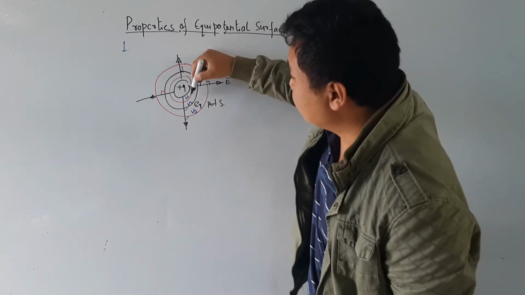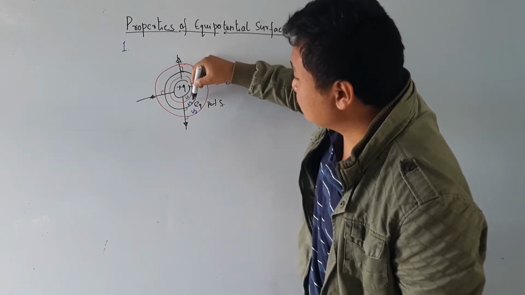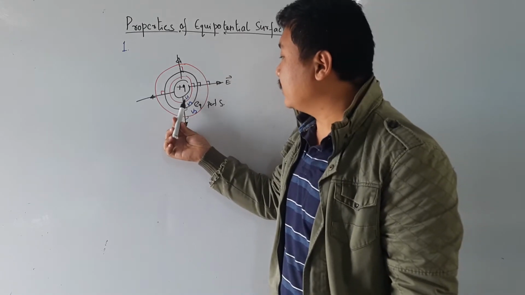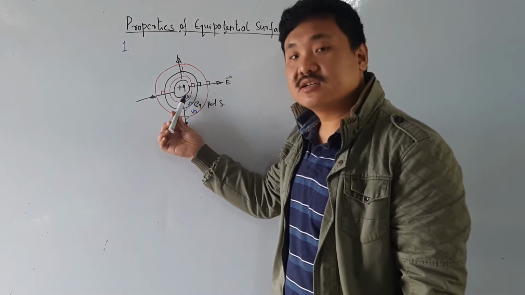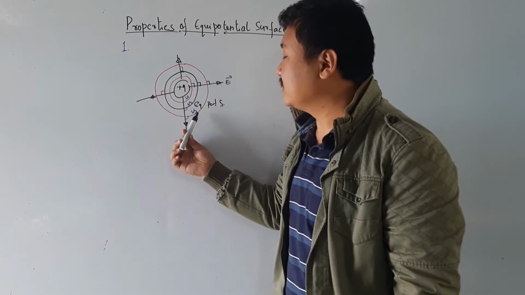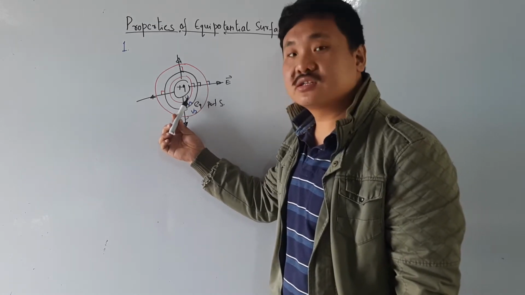V1 is the largest, V2 is smaller, and V3 is smaller still, because as we move away from the charge, the potential decreases. So V3 is the weakest and V1 is the strongest.